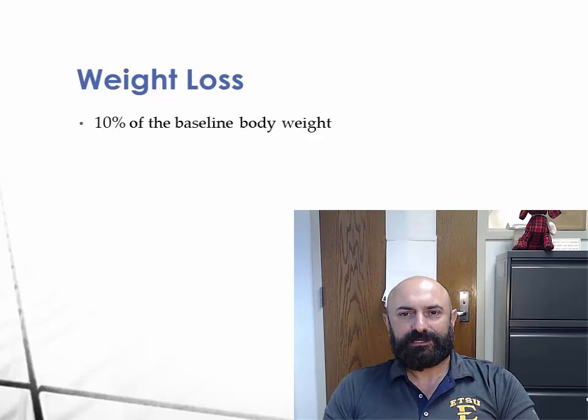If a patient is losing 10% of the baseline body weight, this may signify a serious problem, such as protein calorie malnutrition. Again, it's 10% or more of the baseline body weight. If a patient is obese or overweight, you still consider that weight as a baseline. The baseline is what you had previously, when the patient had stable weight.